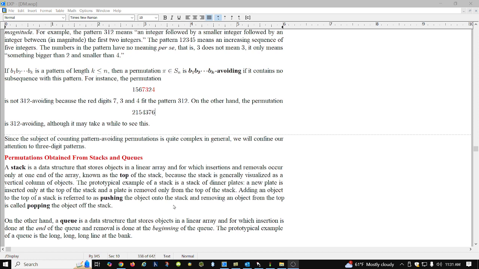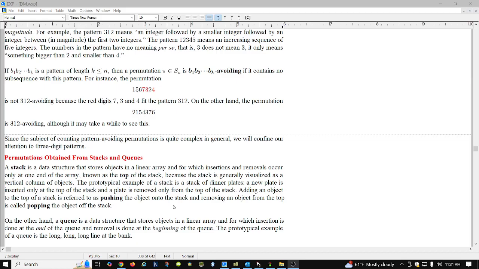A stack is a data structure that stores objects in a linear array, so they're in a line, but for which insertions and removals occur only at one end of the array, which is known as the top of the stack, because usually stacks are visualized as a vertical column of objects where you can access the objects only at the top. In fact, the prototypical example of a stack is a stack of dinner plates.